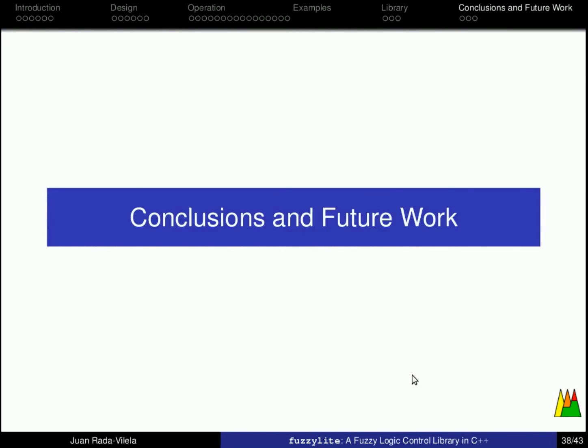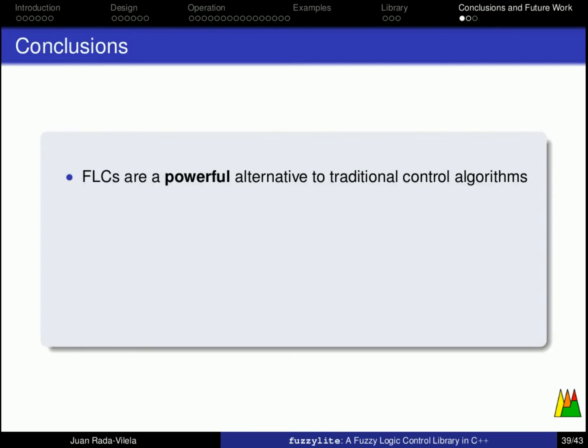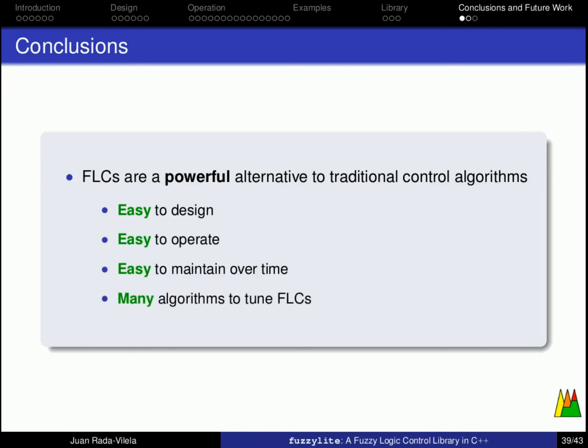Now, as conclusions and future work, well, we have shown that fuzzy logic controllers are a very powerful alternative to traditional control algorithms. They are very easy to design and operate, and also to maintain over time. And there are several algorithms to tune fuzzy logic controllers to improve their performance.